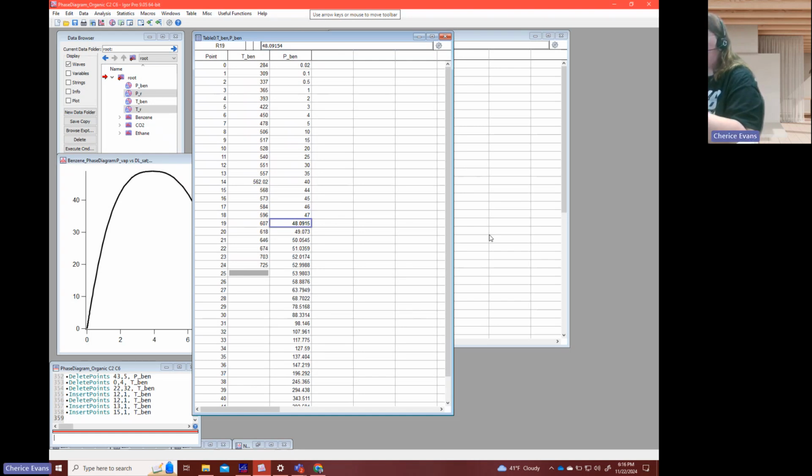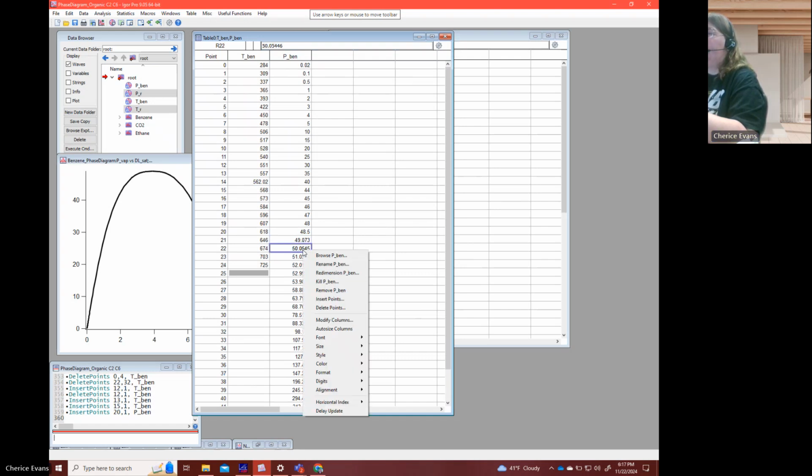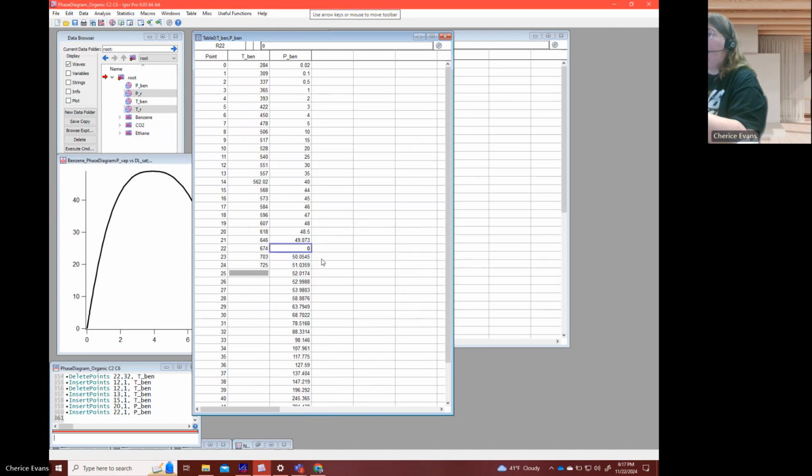And again, I want to leave the critical pressure alone and not round that one. But I do want to go ahead and put a point in the region where I know I'm going to be the most sensitive. I can always remove points after I calculate, but I'd rather go ahead and acknowledge that that's a region of high sensitivity and take care of that now.